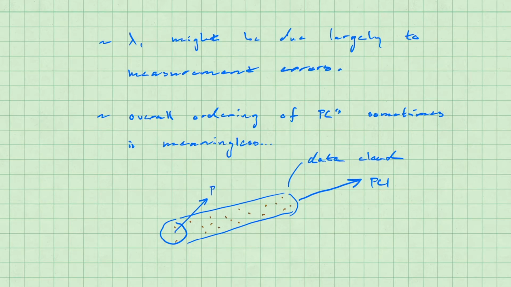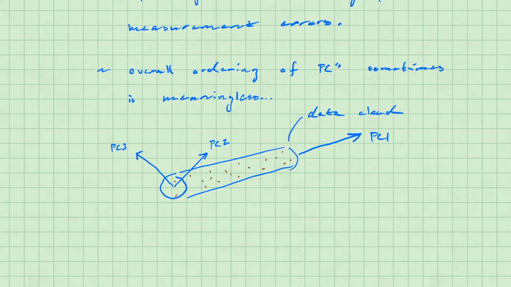So principal component 2 might go here, or it could go over here, but let's just say that's principal component 3. But if that boundary that I've drawn here is really close to circular, then there isn't really much reason to think that principal component 2 is much different than principal component 3. So this is just something to be aware of.